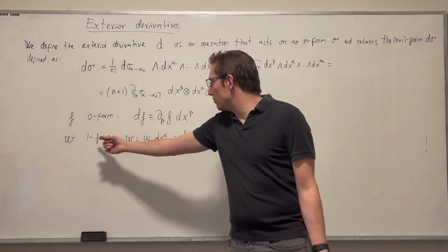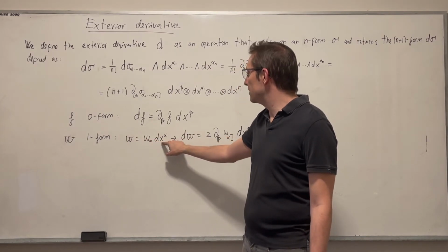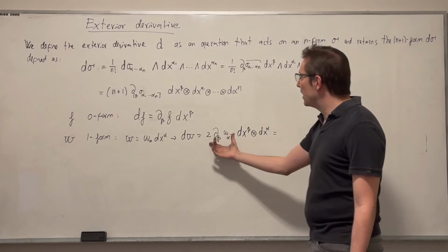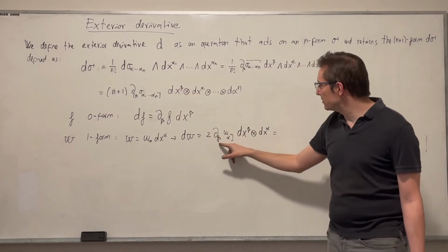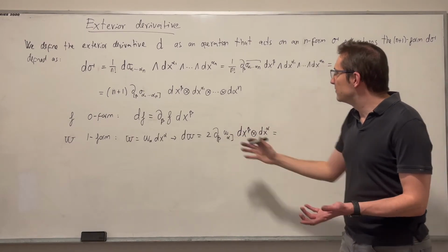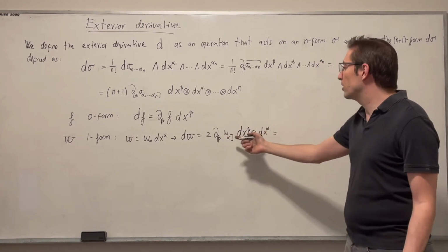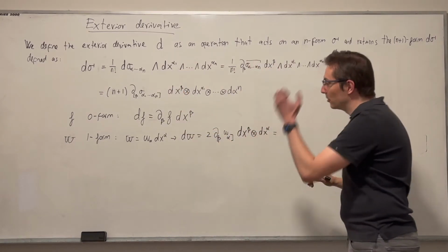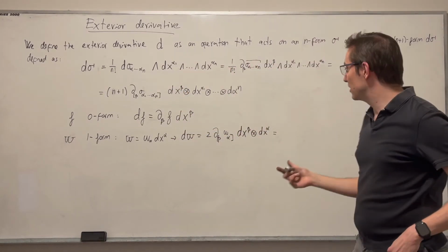Let's try with a one form. With a one form, omega, we know that omega is omega alpha dx alpha, elements of the basis. So we take the exterior derivative, and we get, based on the components, this expression, the partial derivative of omega. And it's very easy here because we could have done it many ways. We could have done it directly from here. But let's start from writing the components here, and let's arrive at the original expression.